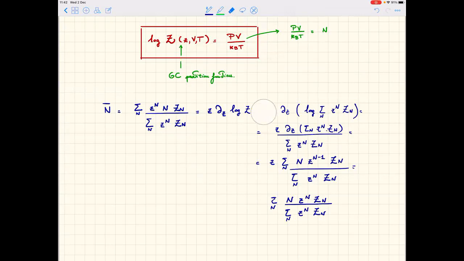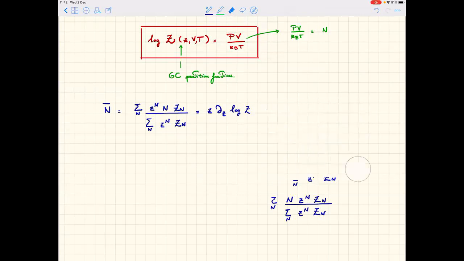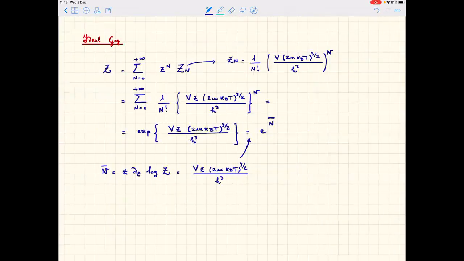All right, so let's erase this. All right, so you see that therefore my grand canonical partition function is equal to the exponential of the average number of particles, but this is also equal to the exponential of PV over KBT, as we already know.